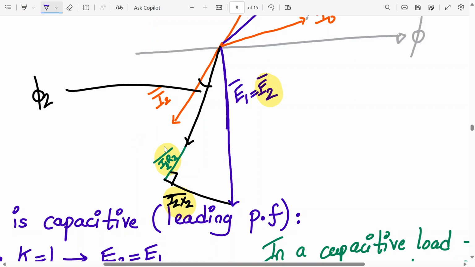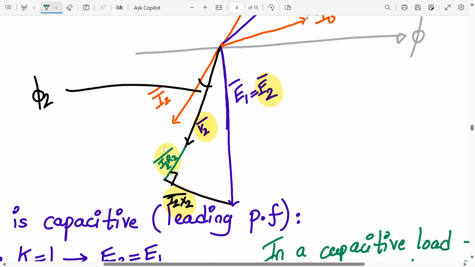So this is V2. So E2 will be V2 plus I2 R2 plus I2 X2. This I2 and this I2 R2 direction is the same, the angle is the same, so it will be parallel.